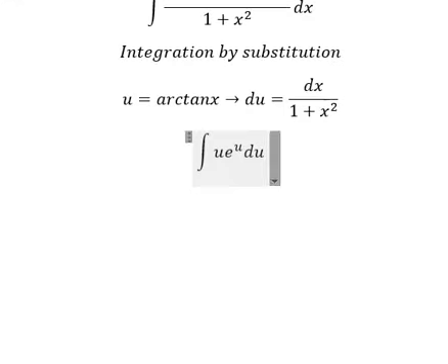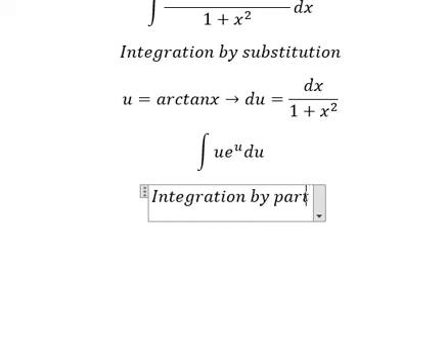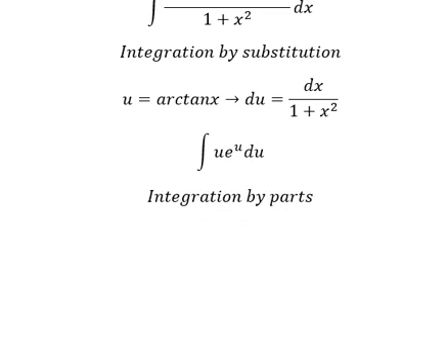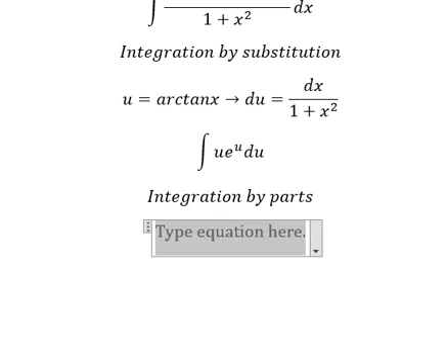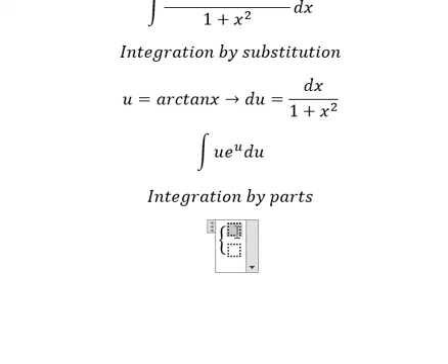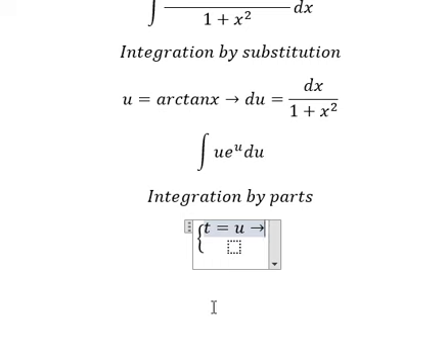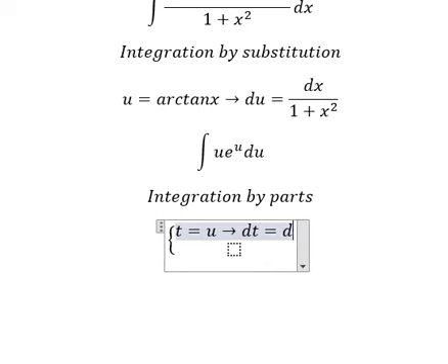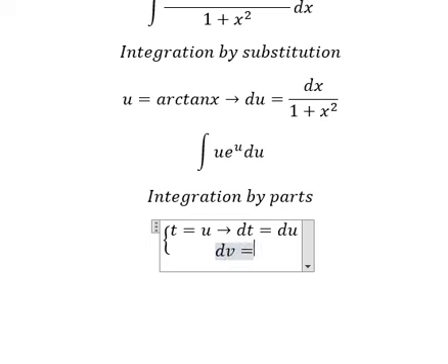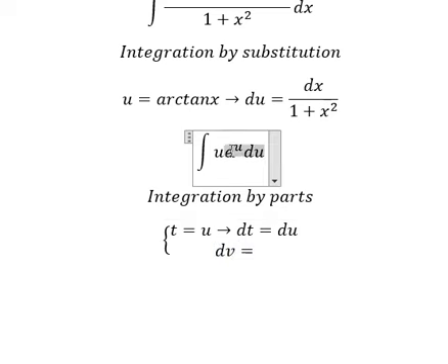Next, we can use integration by parts. So I will put t equals u. Next, we need to take the first derivative of both sides. dv is this one.